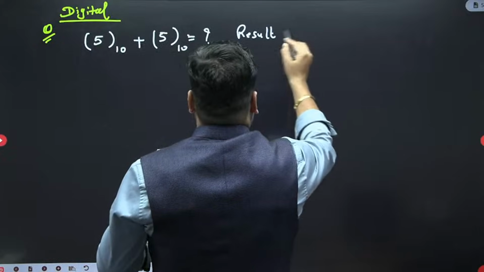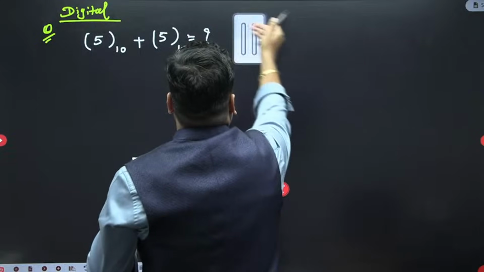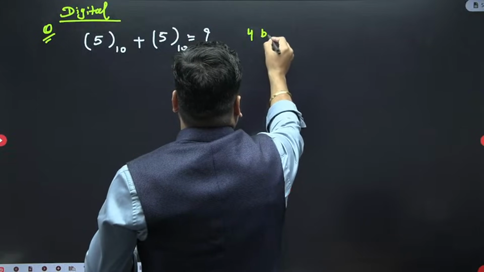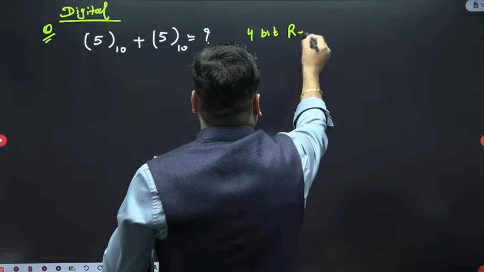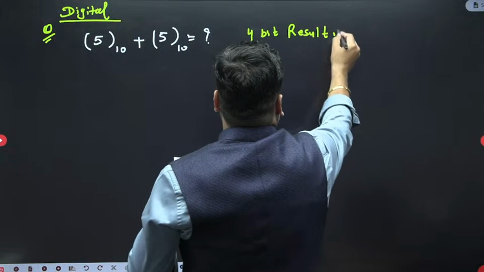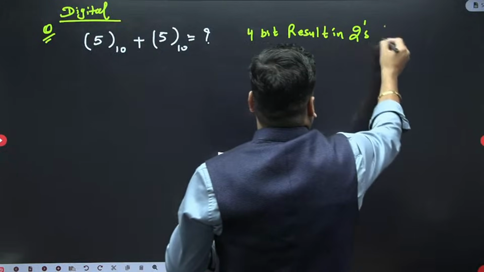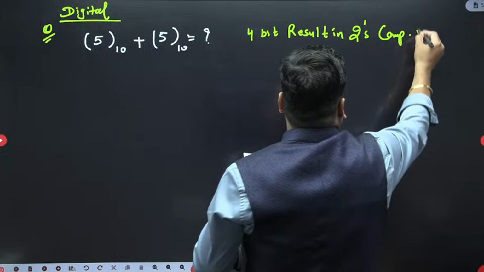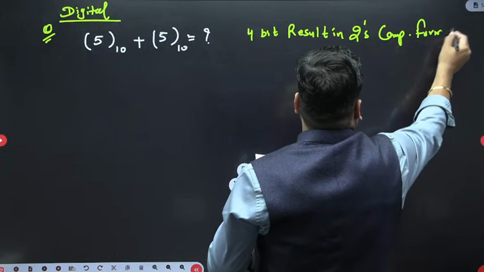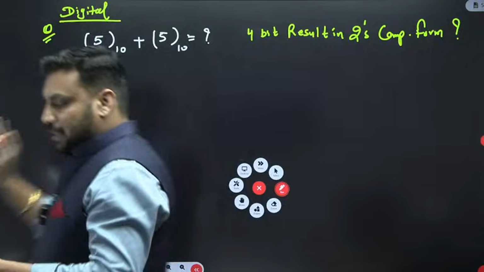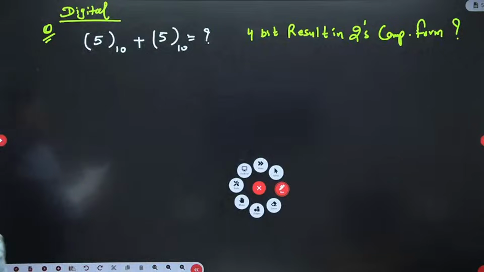You have to represent the 4-bit result in 2's complement form. This is the question. The language may differ, I just wrote it in short form here.